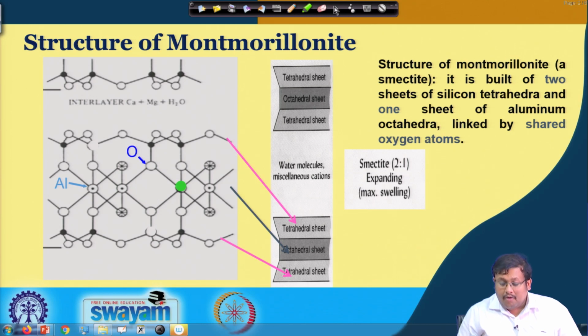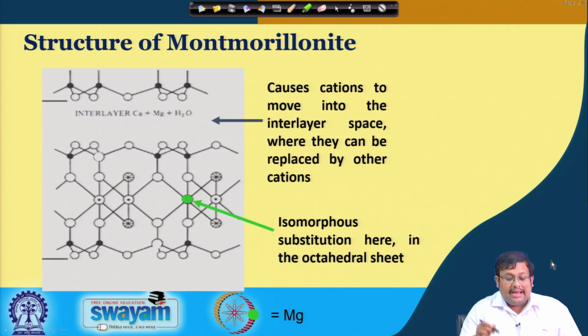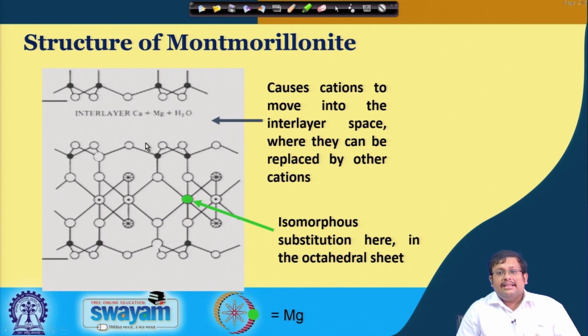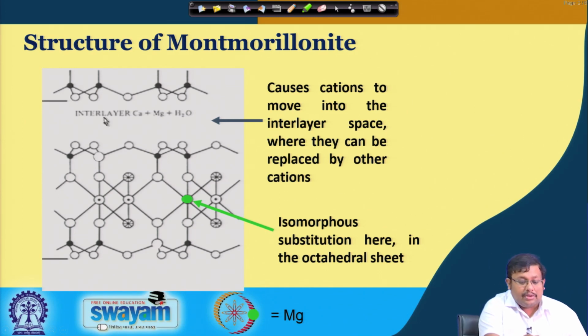Let us move ahead and see what is the reason behind that. As I have told you in the last slide, isomorphous substitution occurs only in the octahedral sheet, negative charge develops, and when the negative charge develops on the surface of these clay mineral layers, there is always a natural repulsion between the negative charges when the two layers come very close, because similar charges repel each other.